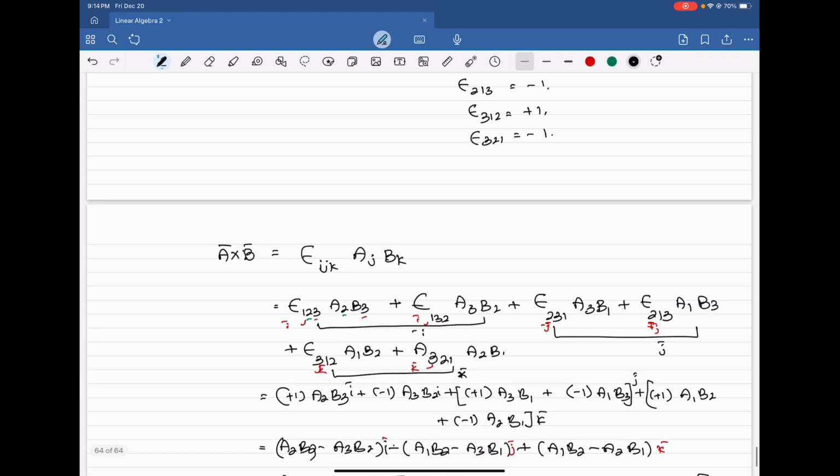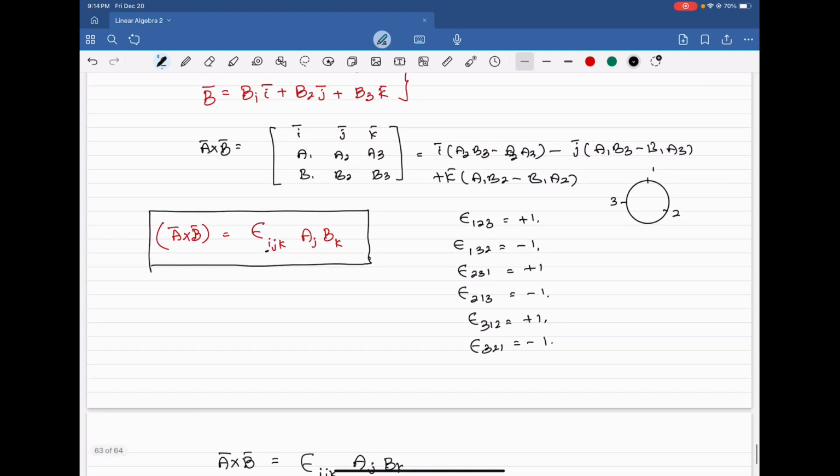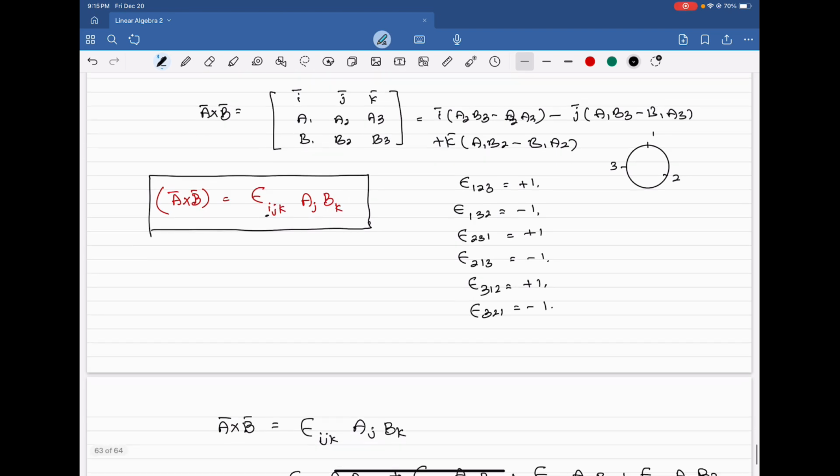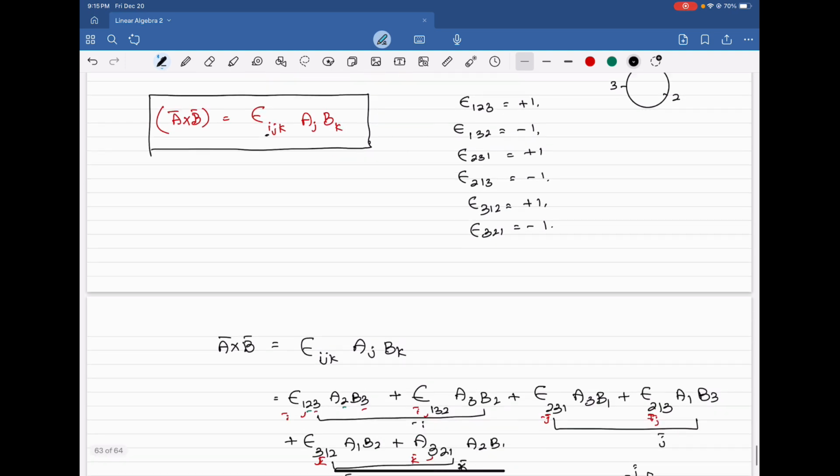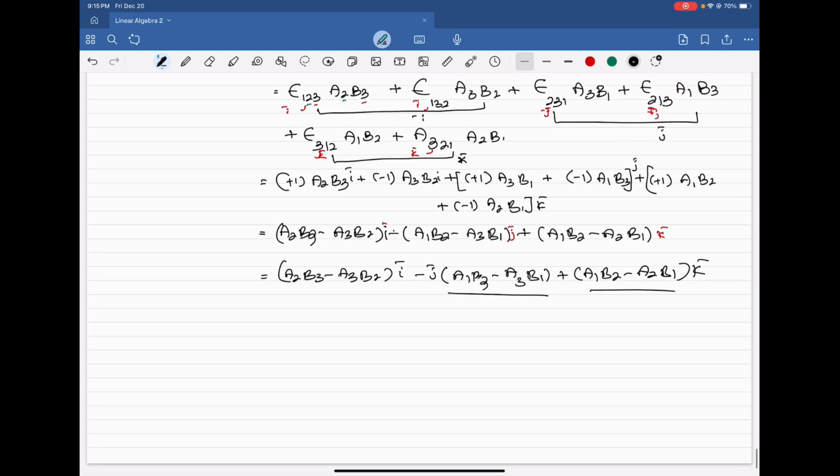Minus of A1 B3 minus A3 B1 into J. This is correct. Then A2 B3 minus B2 A3. This is also correct.